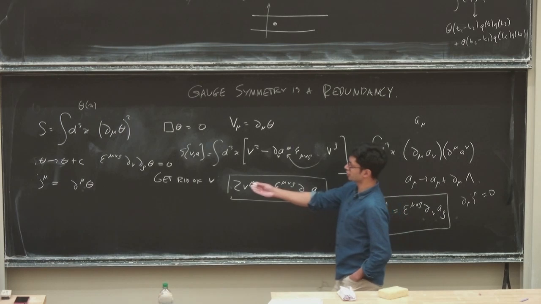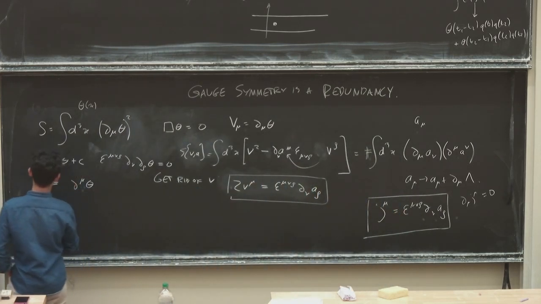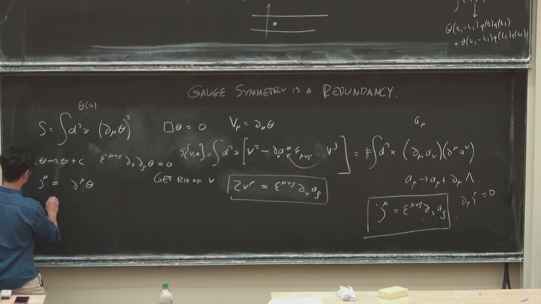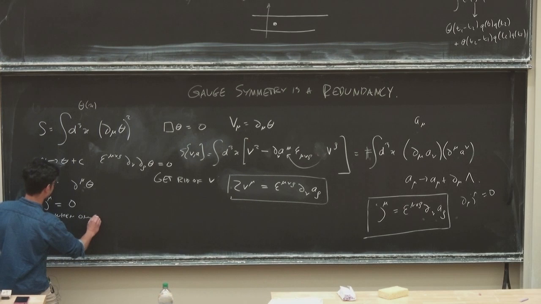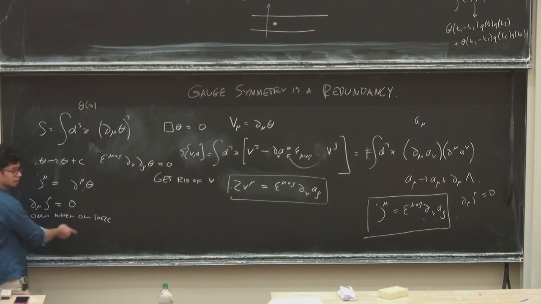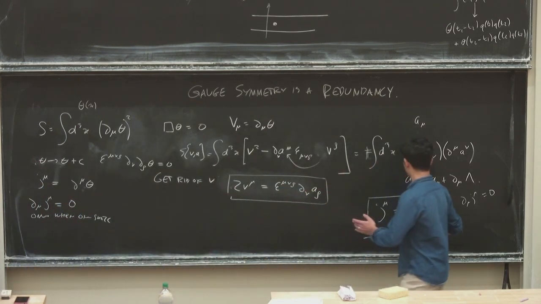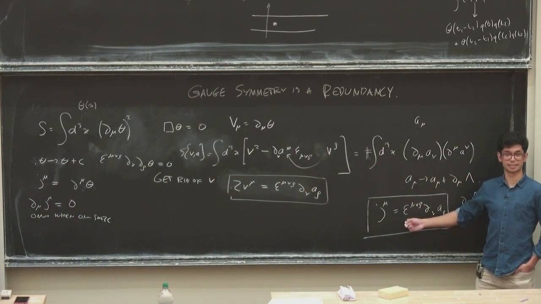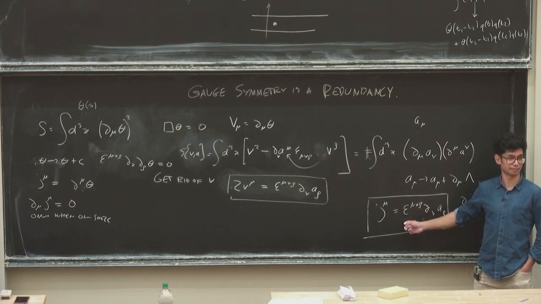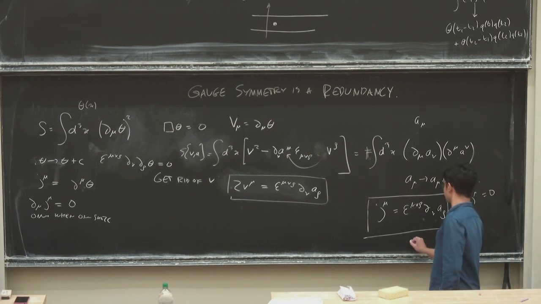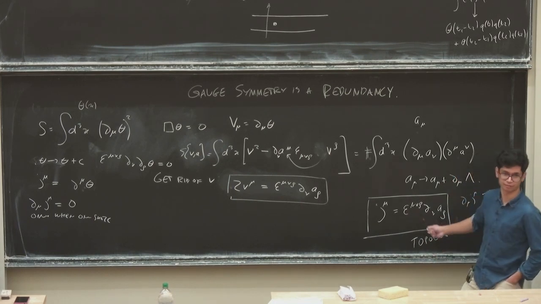In this formulation, when was d_mu j_mu equal to 0? Only when we were on shell, right? I had to impose the equations of motion to get d_mu j_mu to vanish. Over here, on the other hand, d_mu j_mu is always 0 for any field configuration of A. This is what people sometimes call a topological current for that reason.